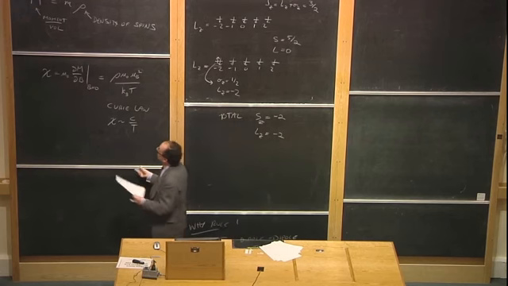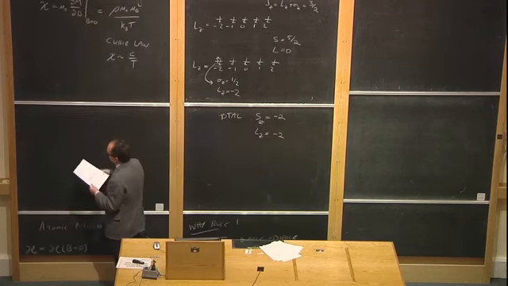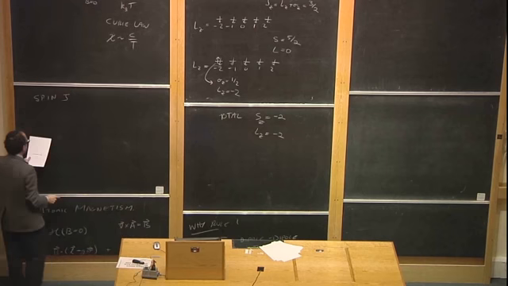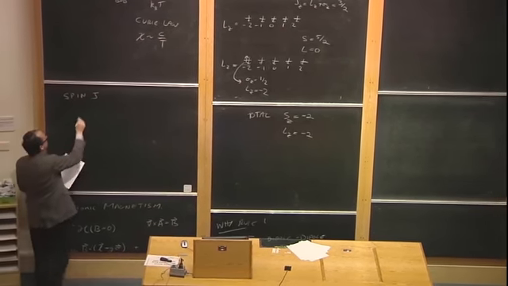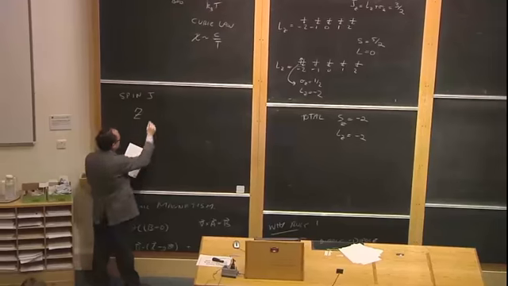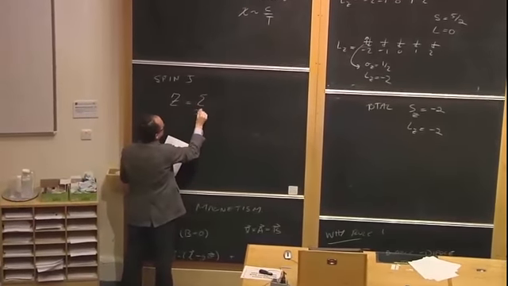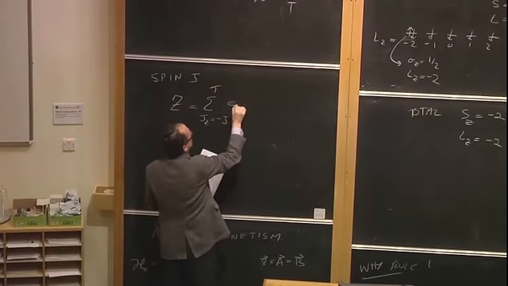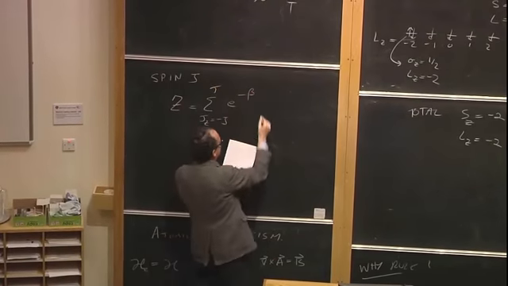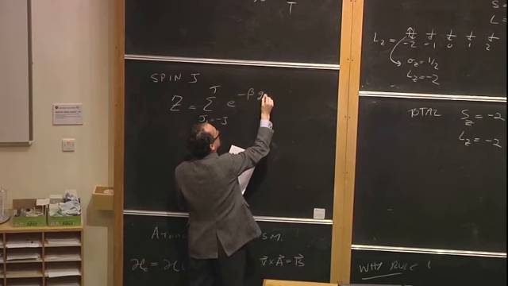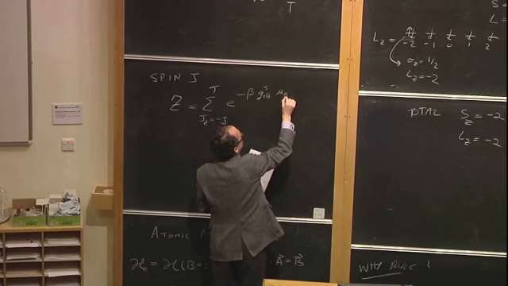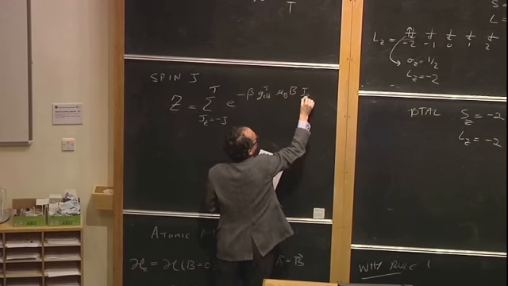Now, more generally than this simple spin 1/2 calculation, for spin j in general, we follow the same story, except we start with a partition function, which is the sum over jz equals minus j to plus j of e to the minus beta times the energy of the spin in state jz, which is g effective for j, then mu B B jz.